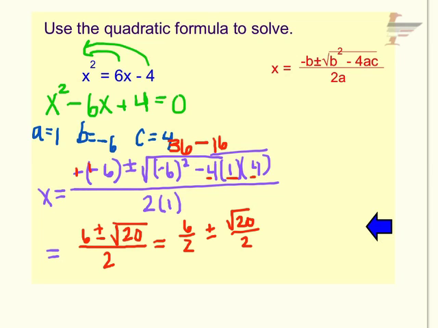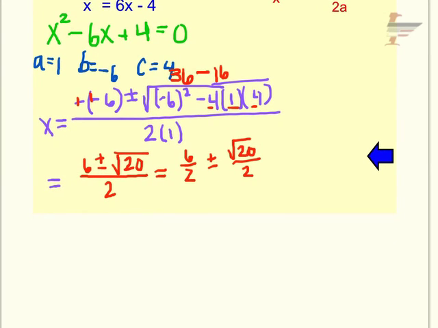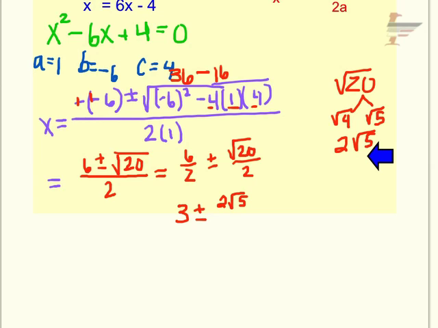And now it just becomes a simplifying problem. 6 over 2 is 3, plus or minus, now the square root of 20, if we think about that off on the side, is going to break down into the square root of 4 times the square root of 5. The square root of 4 is 2, so it's really 2 root 5 over 2.